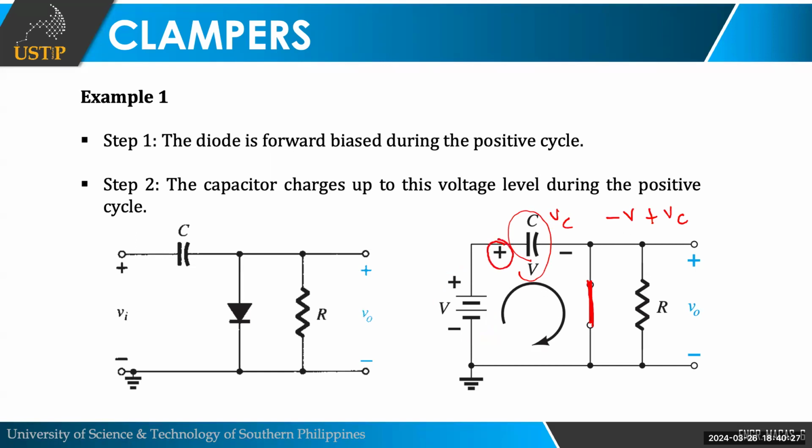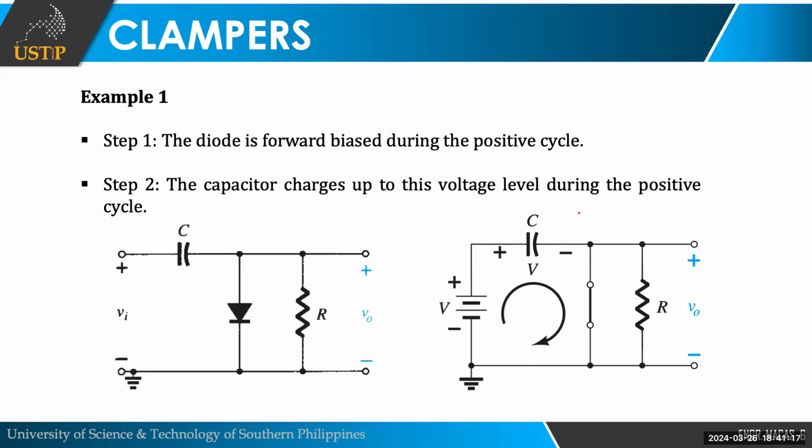The polarity of your capacitor voltage will be positive on the left. Actually, it's easy: if the source is positive, it is positive there, and if negative, it is negative there. But in this case it is positive, because your current, class, since it goes through the anode, will be in that direction. It will be ID. So whatever the direction of ID is, the current direction follows. And if the current goes that way, the first polarity it passes through for every component is positive. So it first passes the left side of the capacitor, so the capacitor is positive there. Or to remember it more easily, if your VI is positive here, they are positive together, side by side.